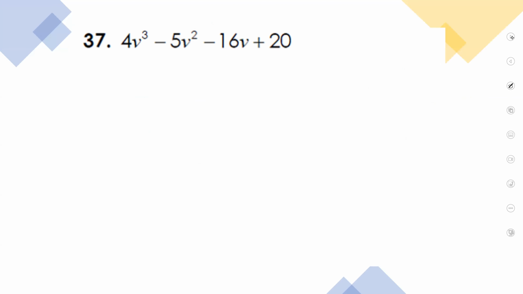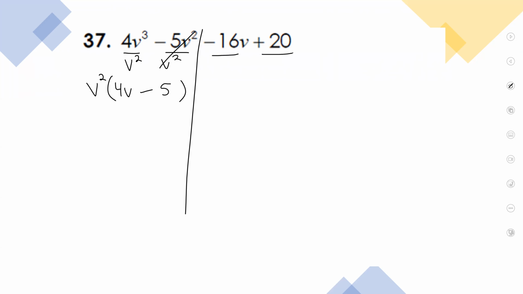I'll do this one with you. Split it down the middle, and let's do our greatest common factor. What can these both be divided by? V squared. So V squared goes on the outside. I'm left with 4V minus 5.